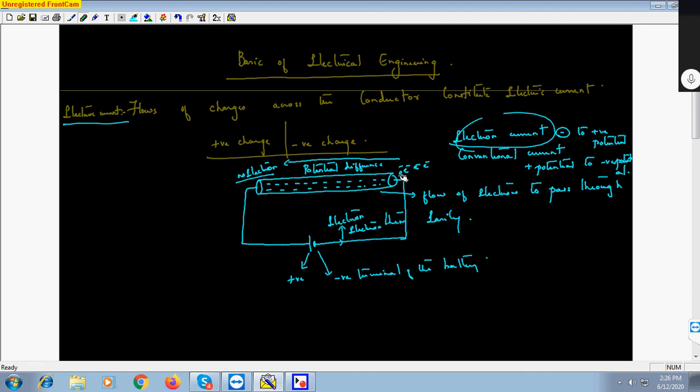As you know, this electron is also negative, and this electron is also negative. Negative, negative, what happens? There will be a ripple. Once it ripples, this will have an impact on this electron, and from this electron there will be an impact on the next. Like that there will be a flow of electrons from negative potential to positive potential. This is how it happens. So there will be collisions. That's why they call it relaxation time and collision time.